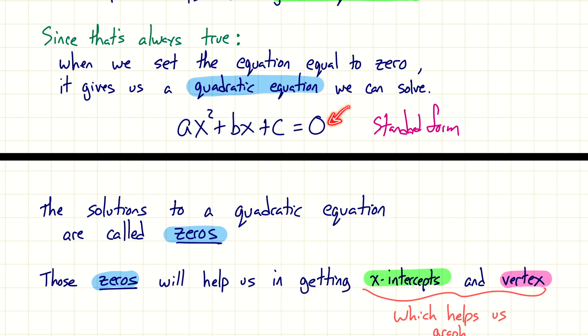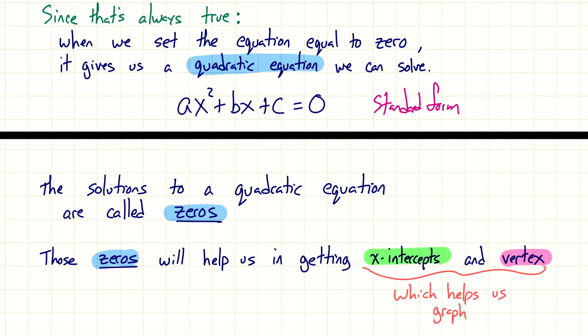So zeros means solutions. And those zeros are what's going to help us determine x-intercepts and vertex. If you remember, those are key points in a quadratic graph or parabola. So if we know these, that's going to help us graph.